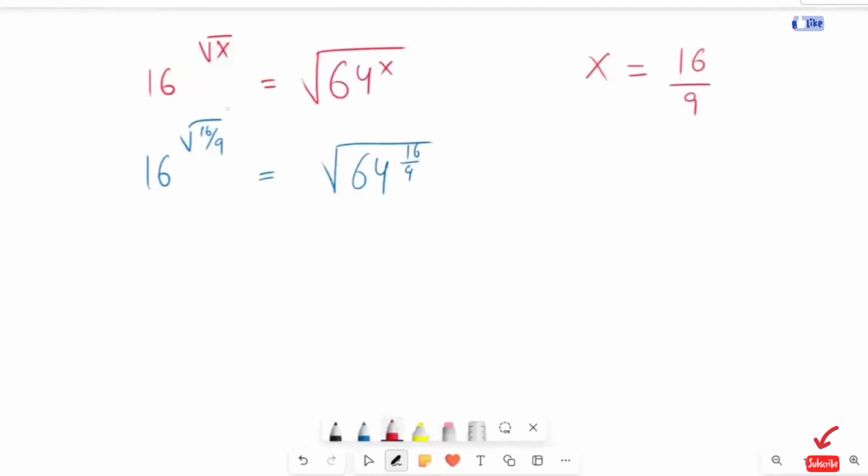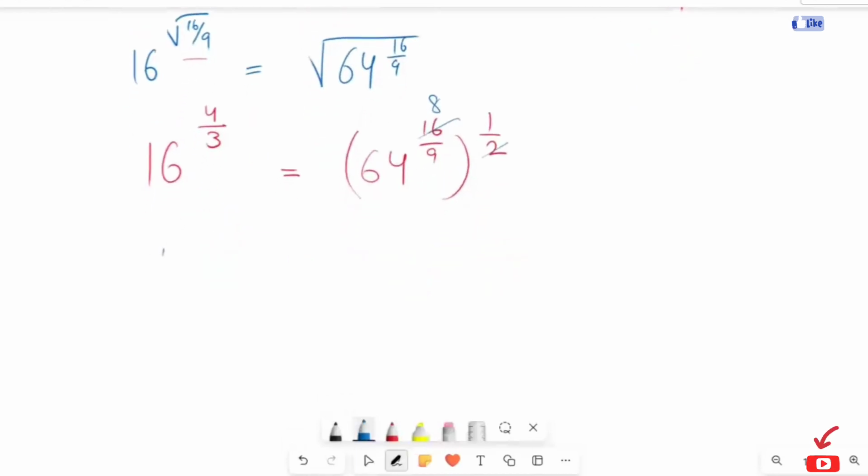Here I am going to solve this power. 16, and the root of 16 is 4, and the root of 9 is 3, is equal to, now we are going to change this root in the form of power, 64 raised to power 16 over 9, whole raised to power 1 over 2. Now we're going to simplify it. Cube 1 time and cube 8 times, there was 16.